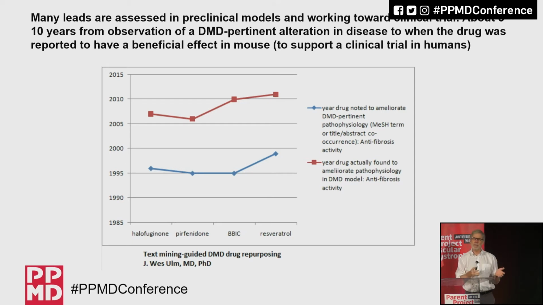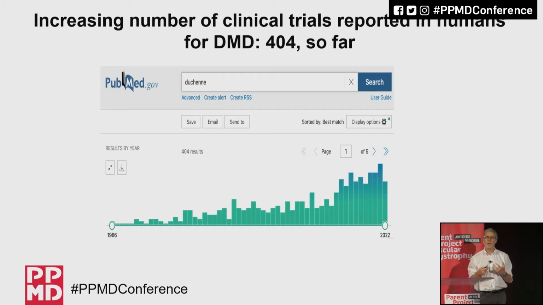But it takes years often from the first insight of a small molecule or drug you might be repurposing or a good idea that you have, that it's impacting something that's related to DMD pathophysiology until it's actually even assessed in that mouse, right? So it's just a long time period that occurs to make that work. And that's because even those experiments, even the clinical trials on mice, are difficult to do. They're time consuming. They're often a couple year long experiments.